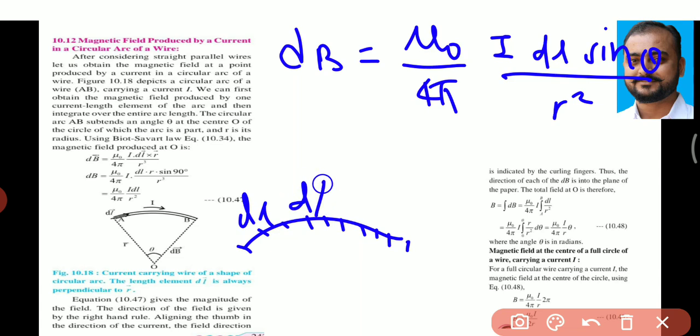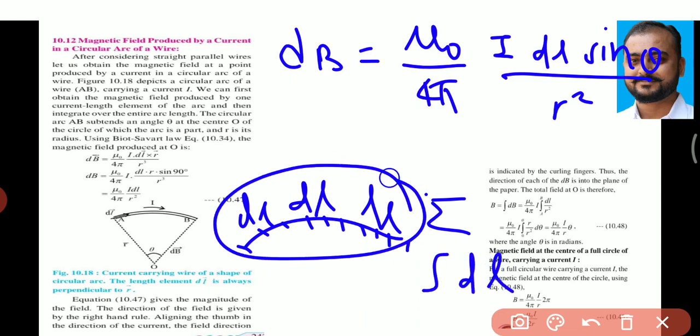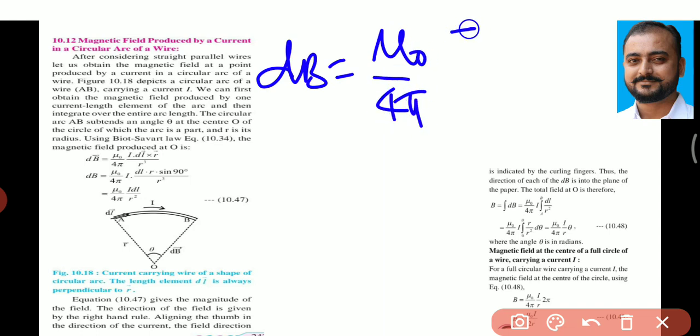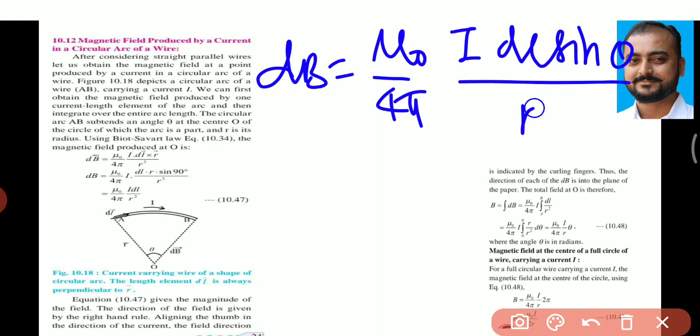Combined, you can write the sum or the integral of dl, which gives you the total length of this arc. As per the formula, dB equals mu 0 upon 4 pi, I into dl sine theta divided by r square.